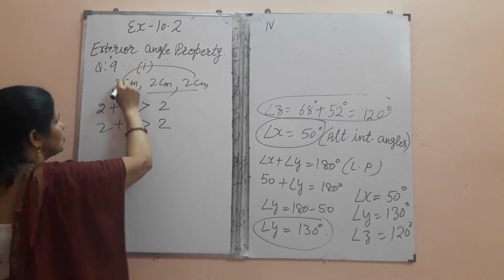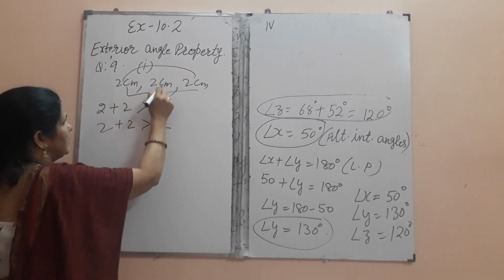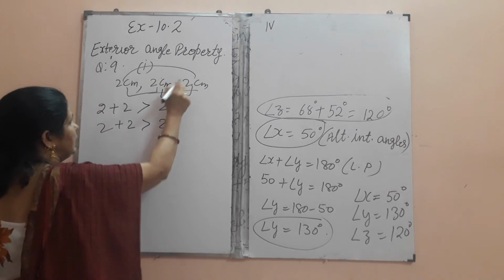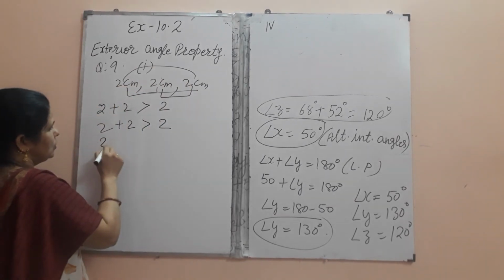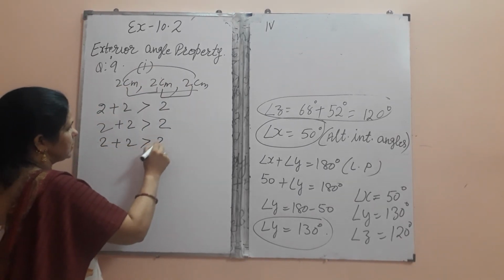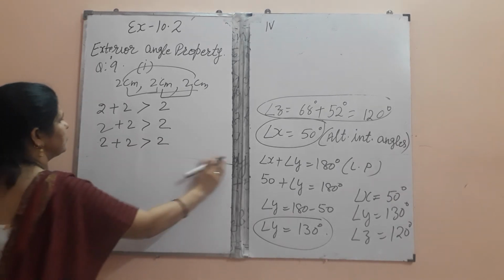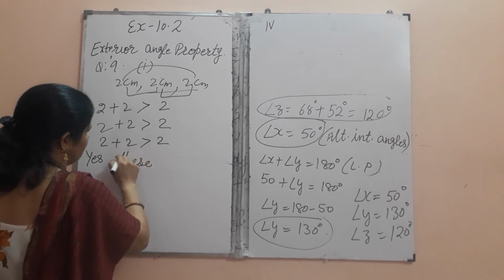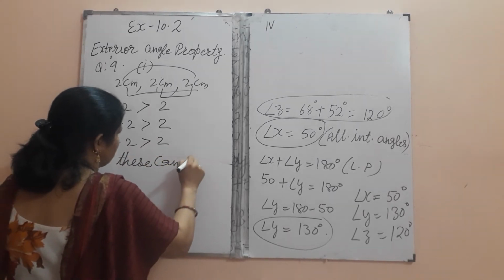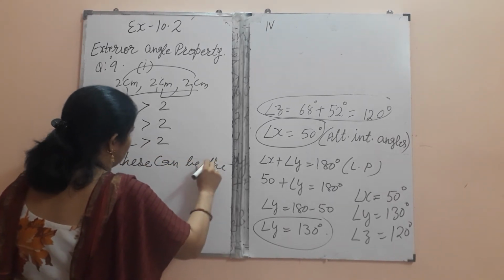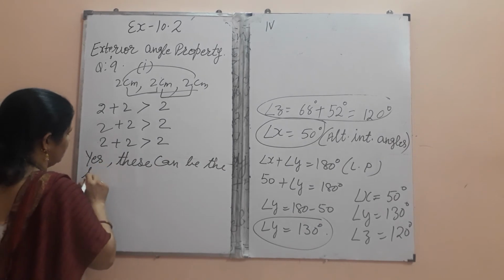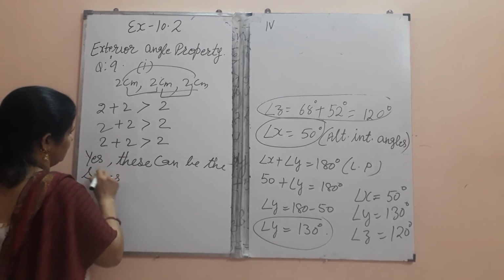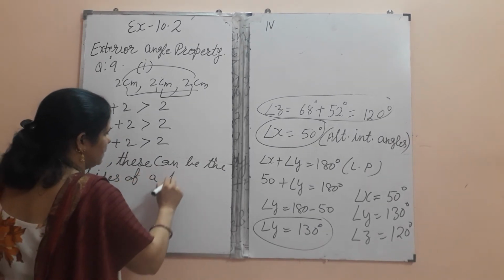Next, the first 2, then the second 2, and then the third 2: 2 plus 2 is greater than 2. So the answer will be yes, these can be the sides of a triangle.